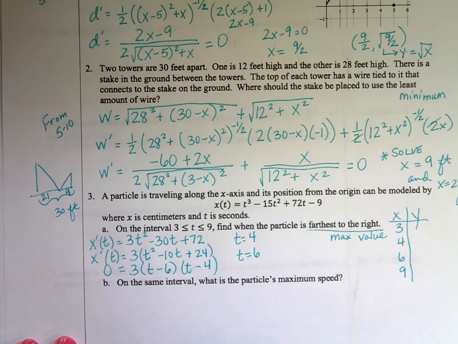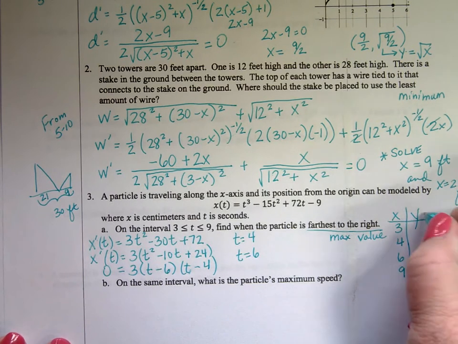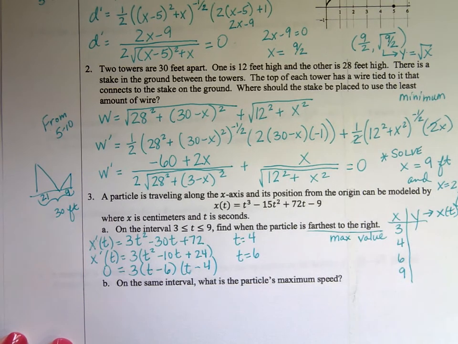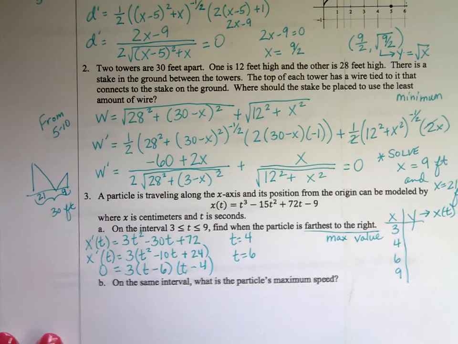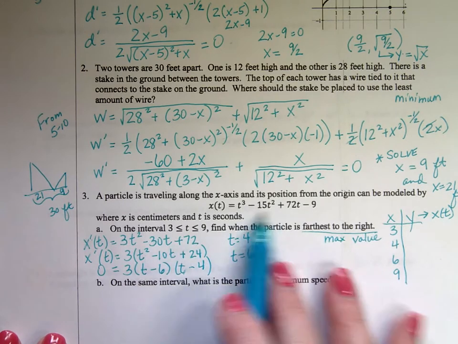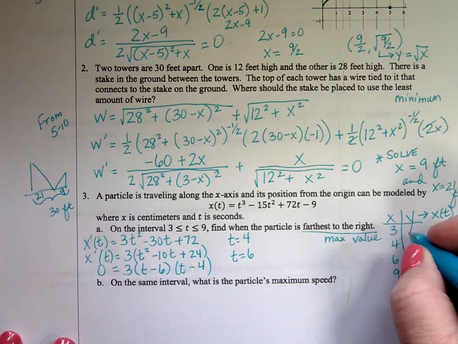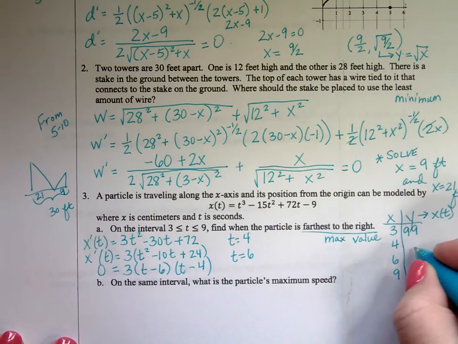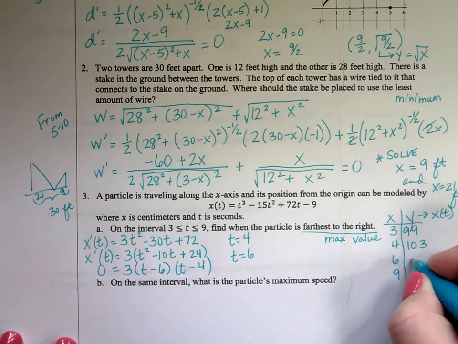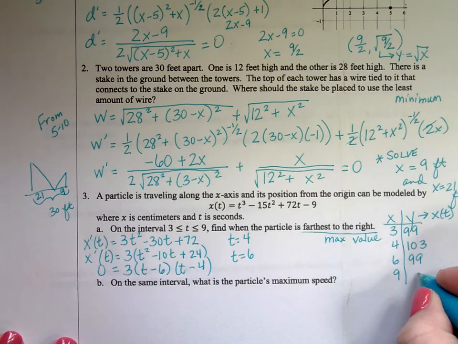Now when I plug these in, and this is really important to remember, I'm plugging them into the original function. So I'm going to put the original function in my y1, go to the table and plug these in, and here's what pops out, for sake of time: 99, 103, 99, and 153.